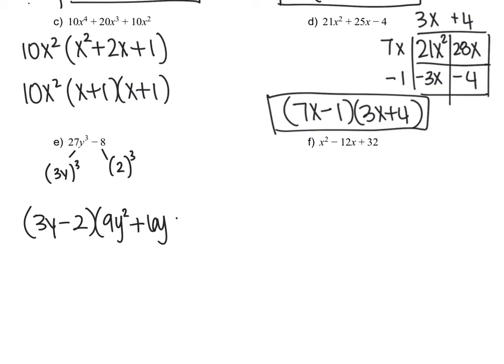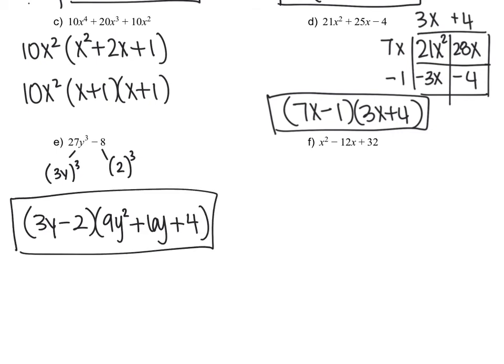And then plus, and then we want to square our second cube root, so 2 squared, which is 4. And again, this equation is in your 3.4 notes. If you haven't filled out those notes yet and written down your sum and difference of cubes formulas, I definitely would.